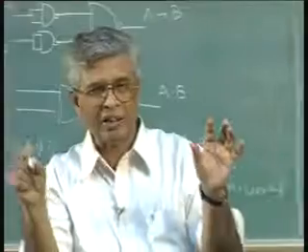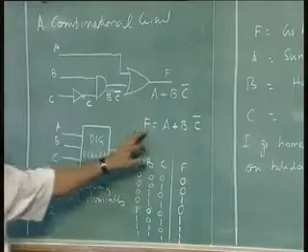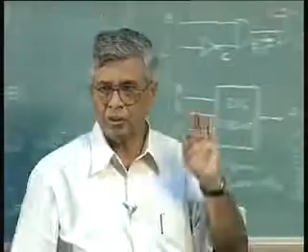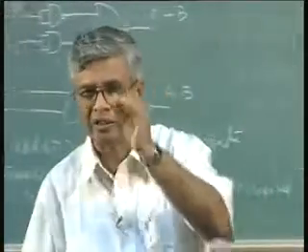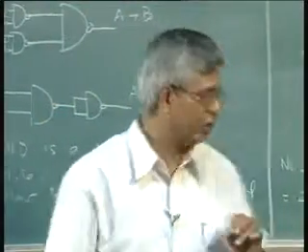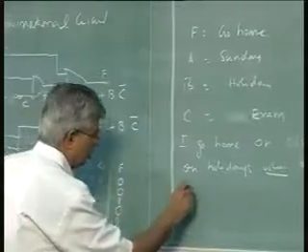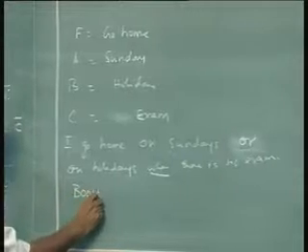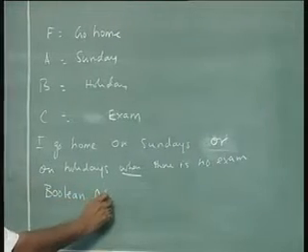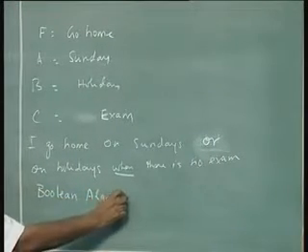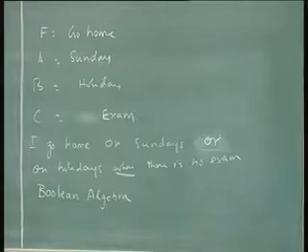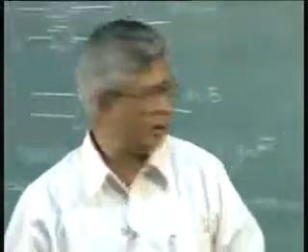I took the Boolean function. This is called a logical function or a Boolean function, a two-variable function. These digital, binary digital functions are called Boolean functions, because the whole thing came from a mathematical background, from a person known as Boole.